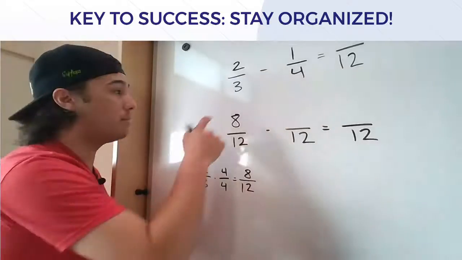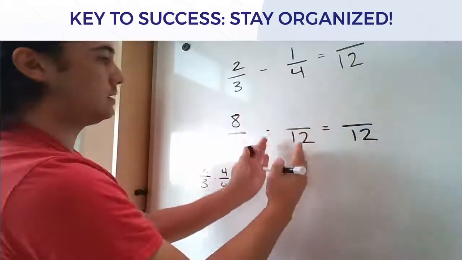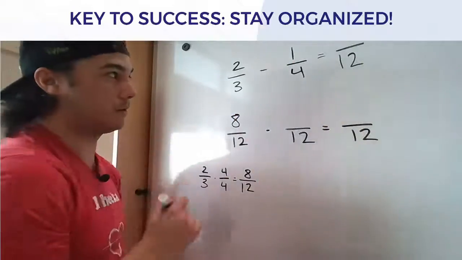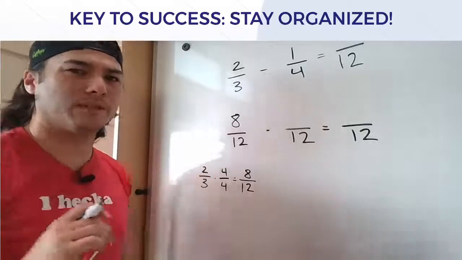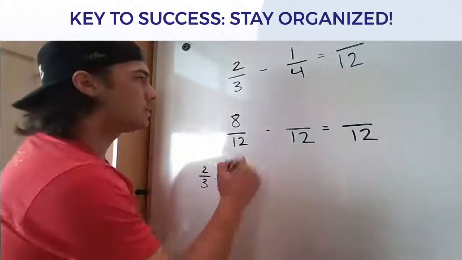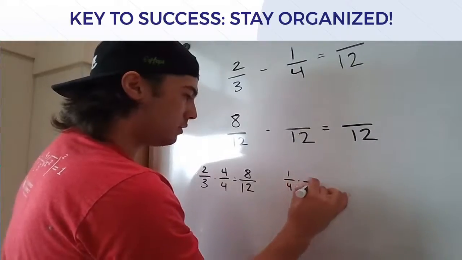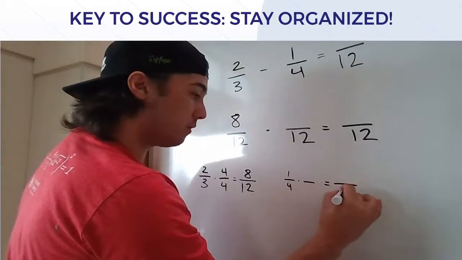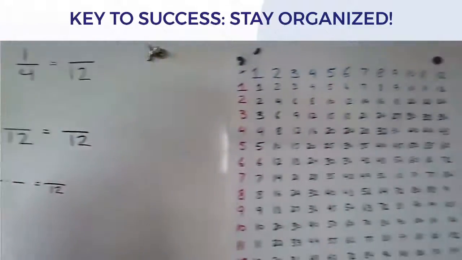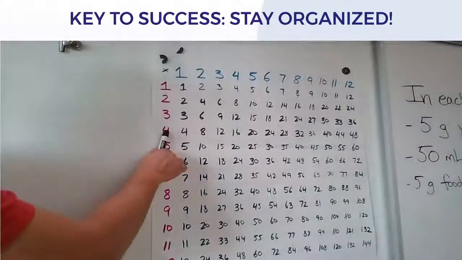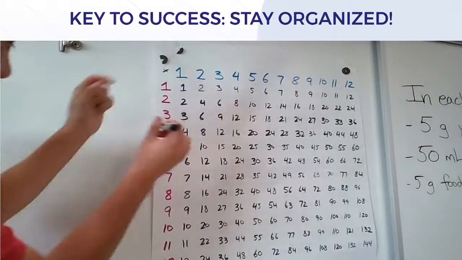The reason I wrote it right below is so I know clearly these are equivalent, these are equivalent, these are equivalent. It's the exact same equation, just written in different terms with different denominators. Now let's look at our 1/4 equals how many twelfths? So 1/4 times some sort of equivalent of 1 to get twelfths. 4 times what is 12? 4 times 3 is 12.